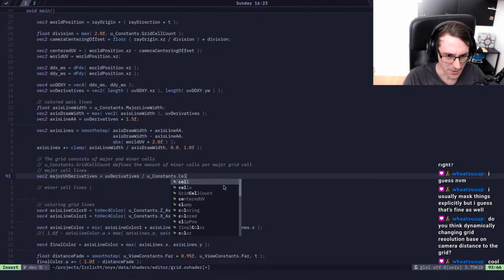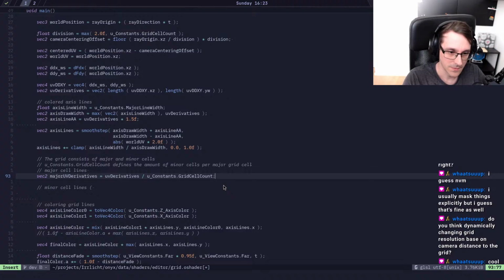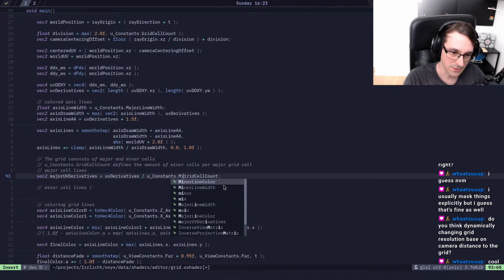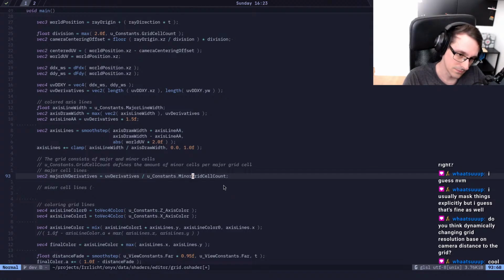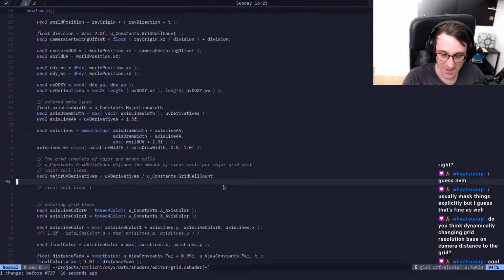Cell, a grid cell. Maybe I changed that to minor. I don't know, it's a shitty name. I think I want to have a better name for that.